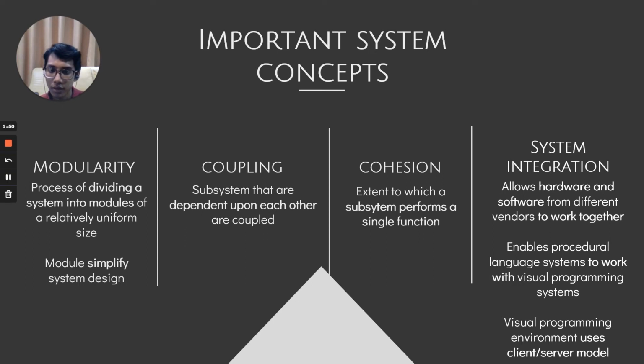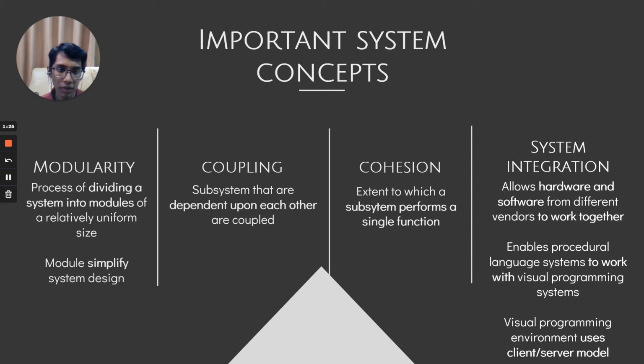The next element is coupling. Coupling means subsystems that are dependent upon each other are coupled. Next is cohesion. The meaning is the extent to which a subsystem performs a single function.